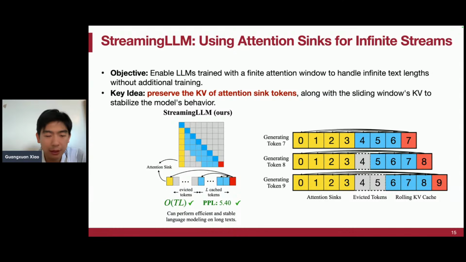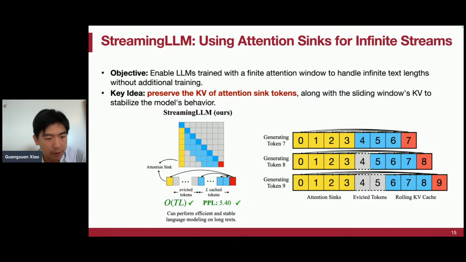After realizing this phenomenon, it's very natural and simple to propose a fix, which is StreamingLLM. Since these attention sinks, the initial tokens, are super important, we just don't evict them in window attention. Our objective is to enable LLMs trained with a finite attention window to handle infinite text lengths without any training or fine-tuning.